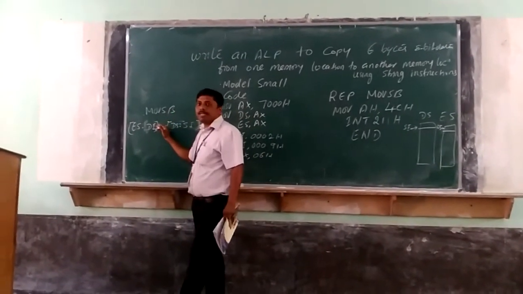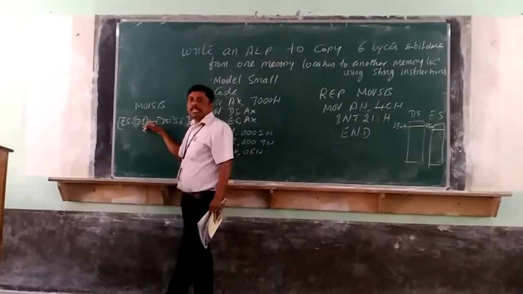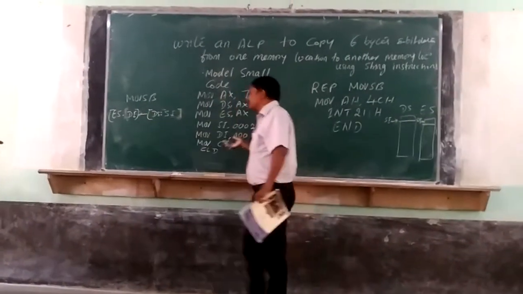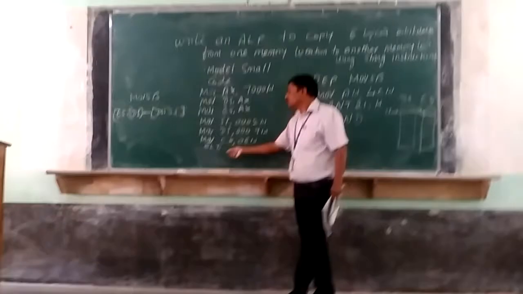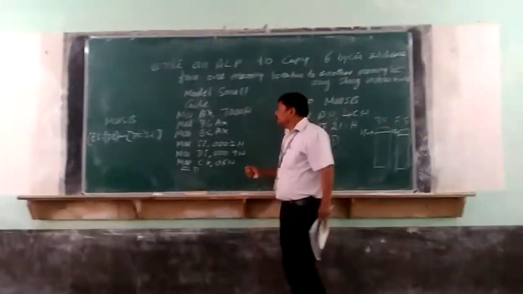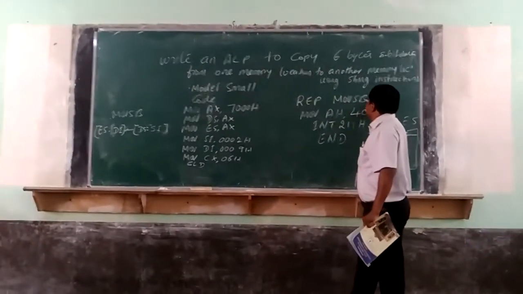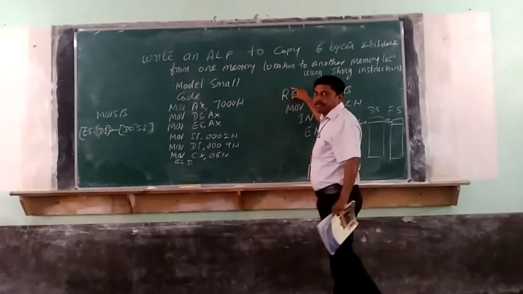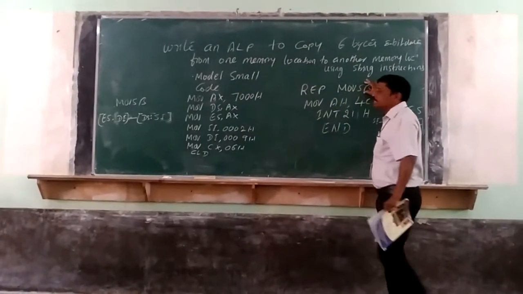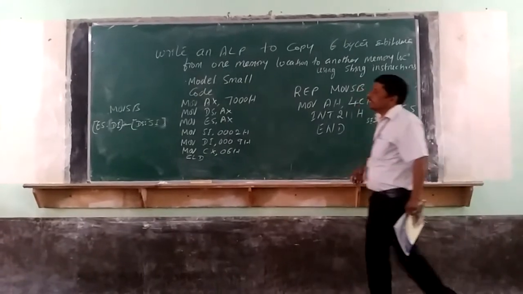That auto increment will take place if the direction flag is 0. Otherwise, auto decrement is going to take place. Okay. So till CX becomes 0, this MOVSB is going to execute.